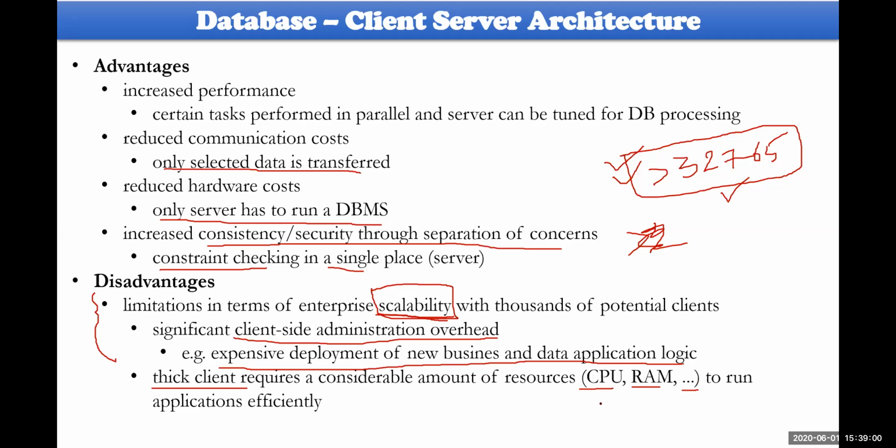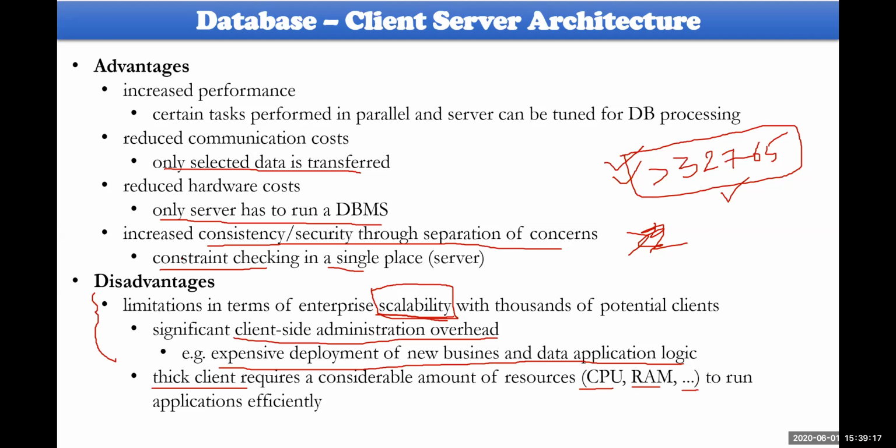Extra CPU must be required, and within that CPU you must load one of the operating systems. If it is Microsoft or iOS, it may cost something. If it is freeware, such as Ubuntu, it is okay. It is free, so it is not a problem.